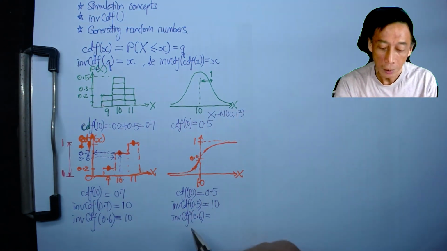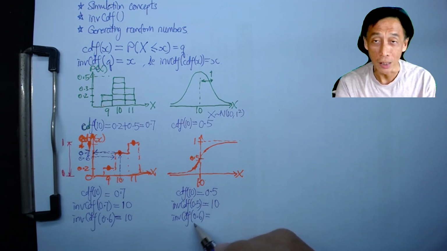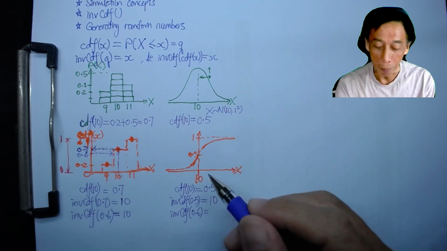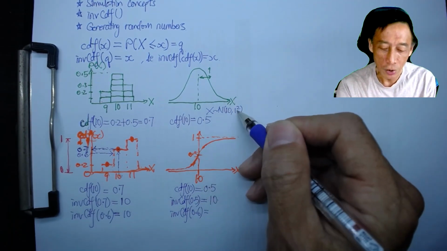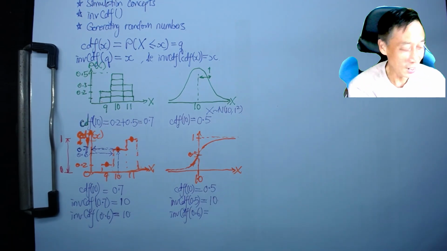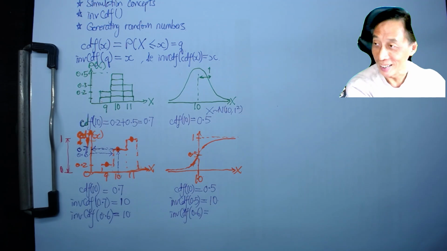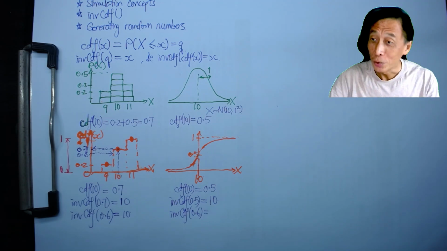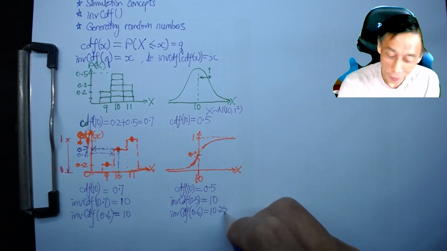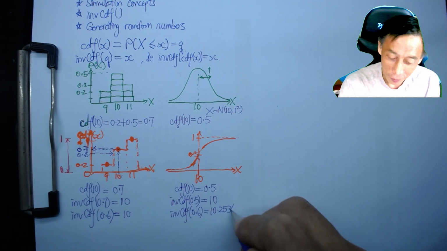So in R, it will be qnorm to find the inverse CDF of a normal function. So the qnorm of 0.6 with a mean of 10 and a standard deviation of 1 is going to be, I hope you're doing it now, 10.25335. So 10.2534.